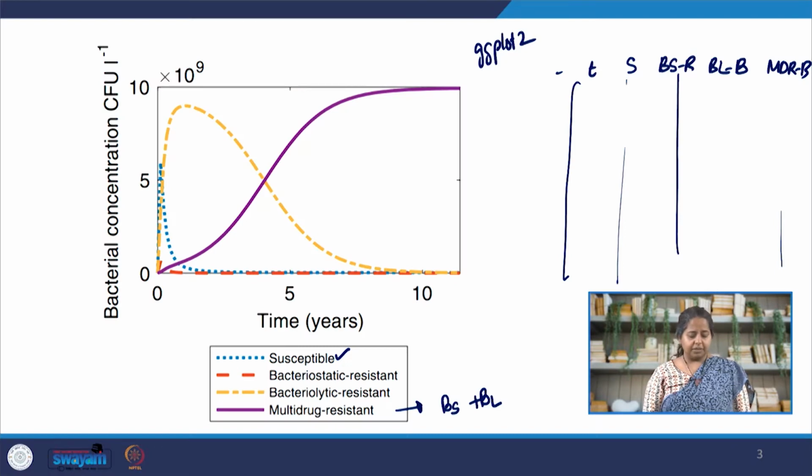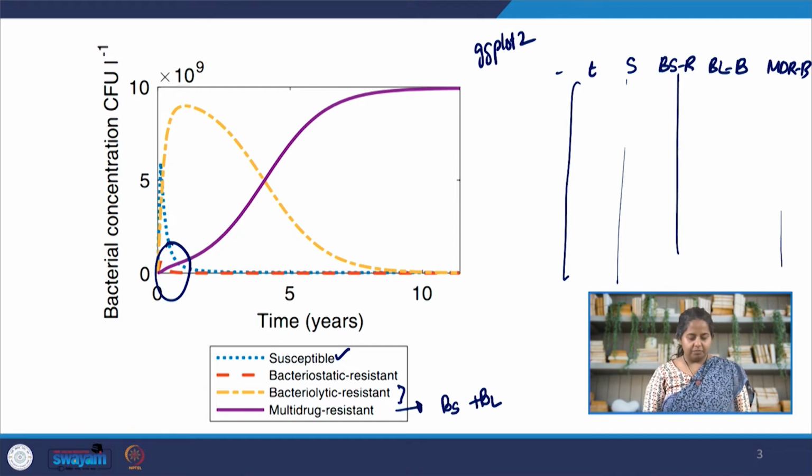So in this diagram we see that the susceptible bacteria die out pretty quickly in a number of years. The x-axis is in years. So if we are planning to have a slurry tank, a dairy farm, in a place in the UK for 10 years or so, we should know that only for the first few months the susceptible bacteria will be a significant portion of the total population, and very quickly the bacteriolytic resistant bacteria will take over, which is the ochre dashed line.